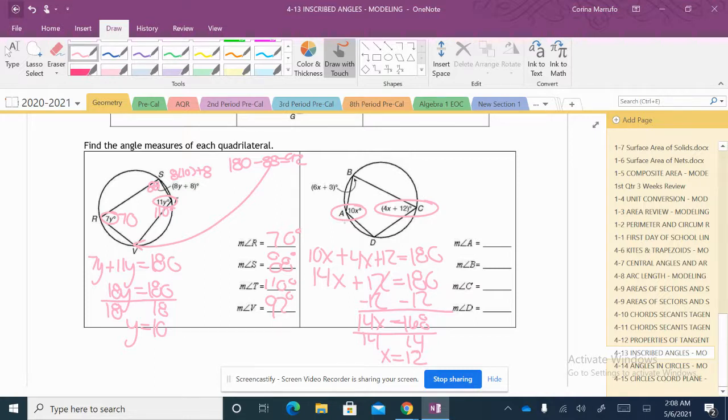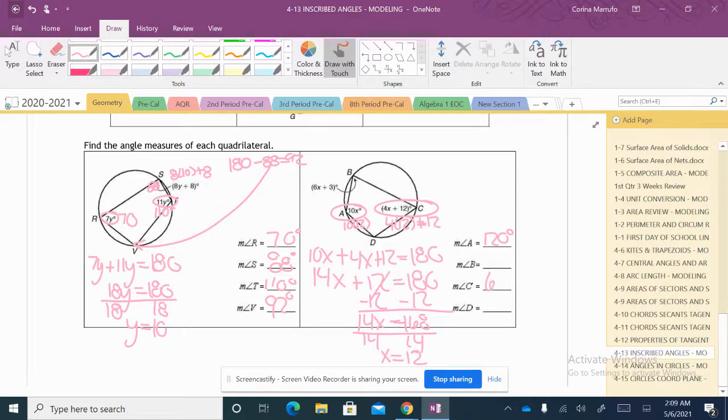Now that we know what x is, we go ahead and plug it in. So for angle A, that's 10 times 12, which gives me 120. For angle C, we're going to do 4 times 12, which is 48, plus 12 gives me 60.